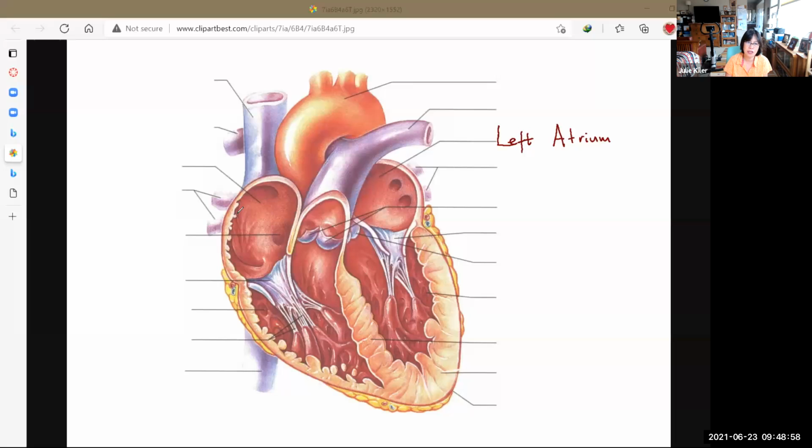So this one is right atrium. Guys, it's really hard to change my handwriting, so I hope you can read that. Left atrium. We're going to make it skinny because otherwise we're going to put a lot of stuff here.